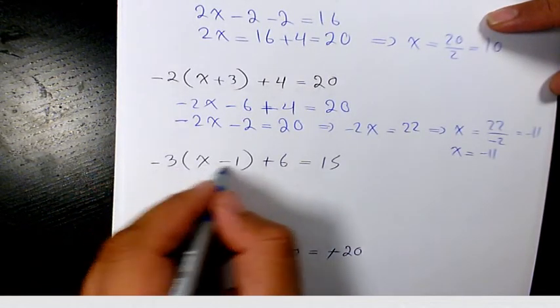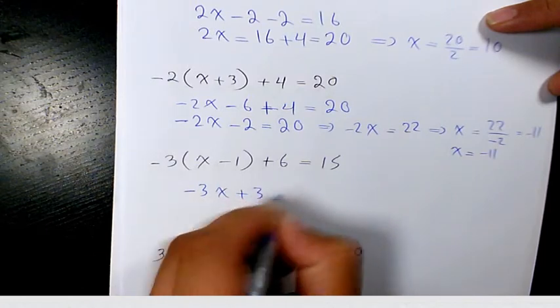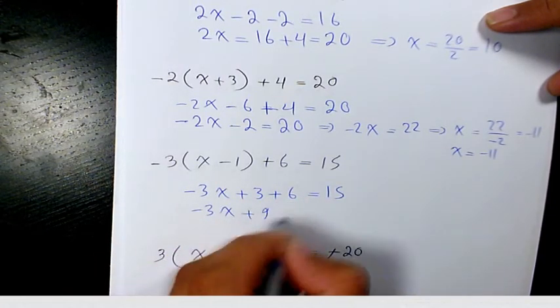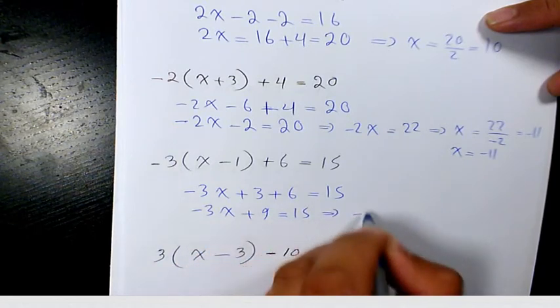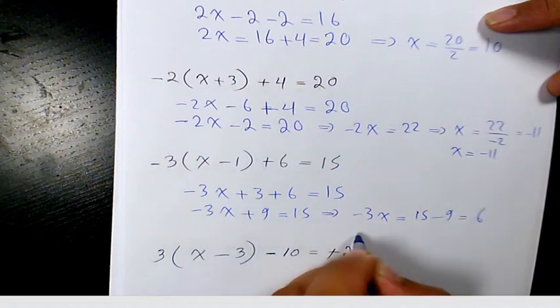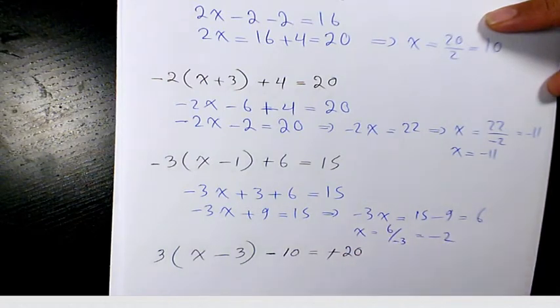Negative 3 times x minus 1 plus 6 equals 15. Negative 3x plus 3 plus 6 equals 15. Negative 3x plus 9 equals 15. So negative 3x equals 15 minus 9, 6. So x will be 6 divided by negative 3, which is negative 2.